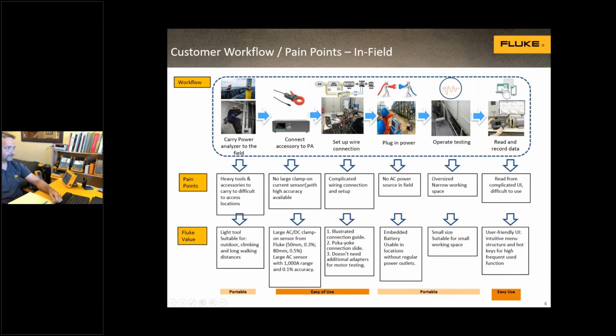Connections: external current transformers. You don't have large accessories for the bench Normas. They're designed usually for research and development applications for low energy. With the Norma 6000, you can make higher or larger current measurements in the field, so there are larger, higher accuracy current sensors available.